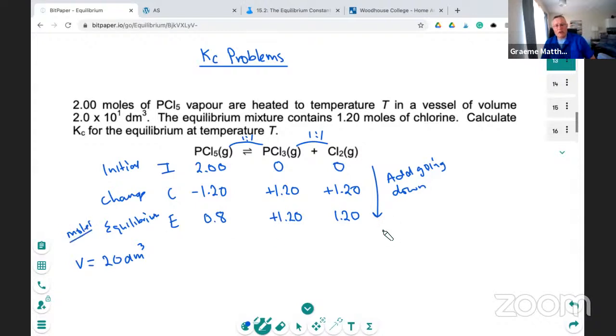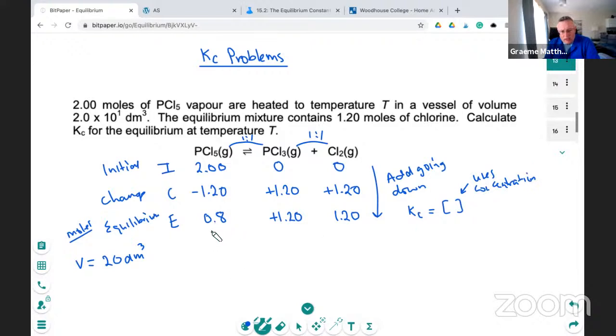What they want to know is a value for Kc. Well, Kc, if you recall, uses concentration, doesn't it? So the moles are not actually helpful right now. I've got to divide by the volume.